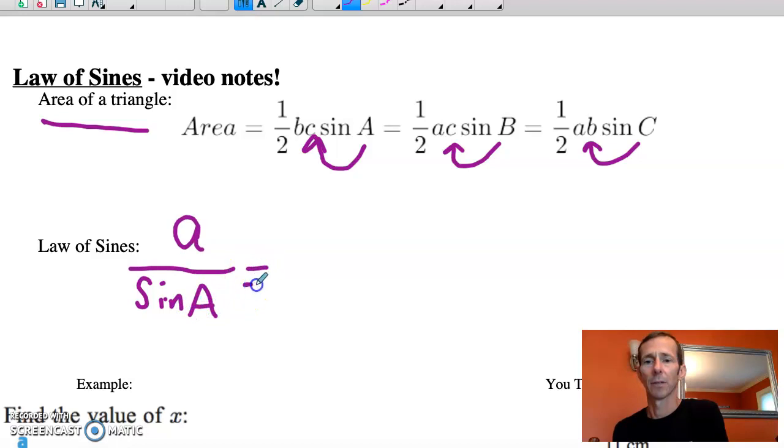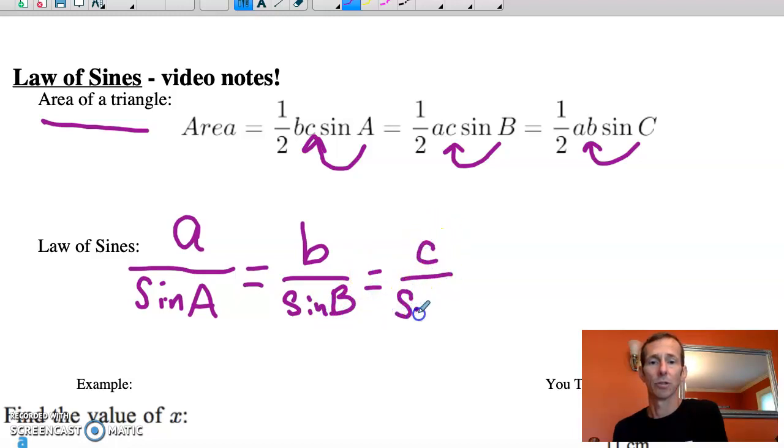And that has to be equal to side B in relation to sine of B. And that would also be equal to side C in ratio with sine C. So when you do the law of sines, you would just have to have any 2 of these. You'd have to have 2 angles and a side, or 2 sides and 1 angle. It doesn't matter which one. But again, you're not going to set it up with all 3. You're just going to set it up with the 2 of them.